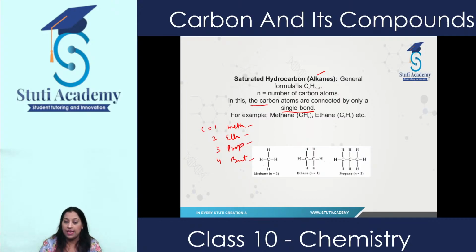If you look at the example of methane, as I told you, if carbon atom is 1, according to the formula CnH2n+2, in place of n, I'll just put 1, which is the number of carbon.